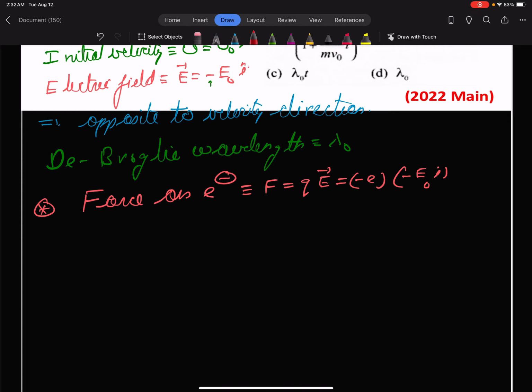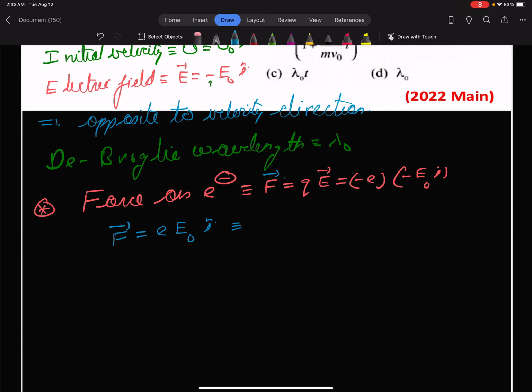So from here we can say that the force will be equal to E naught i unit vector. And as there is a force acting on the electron, there will be an acceleration also.